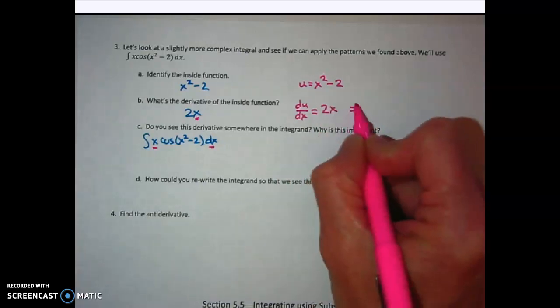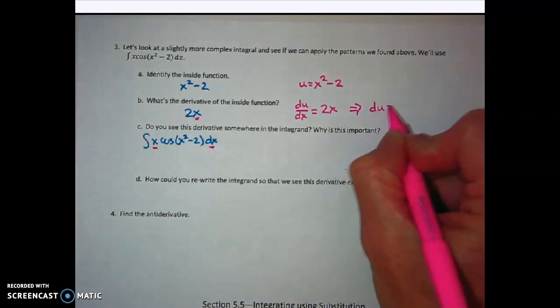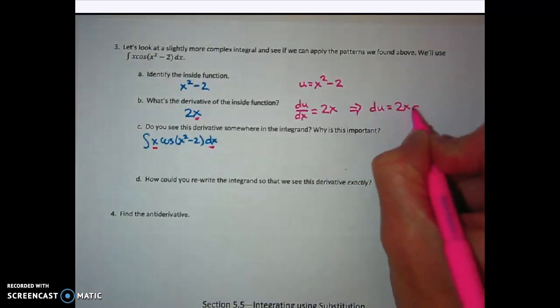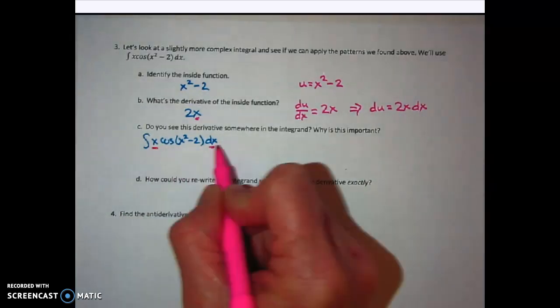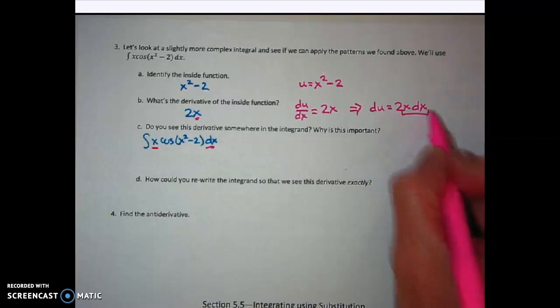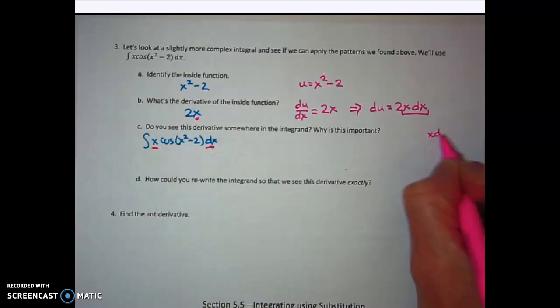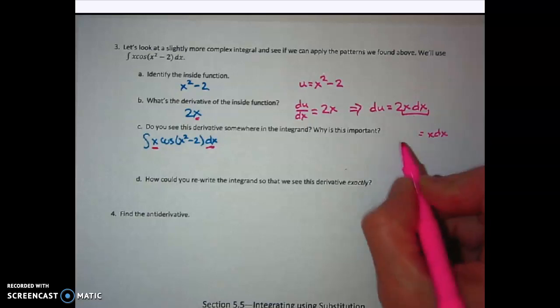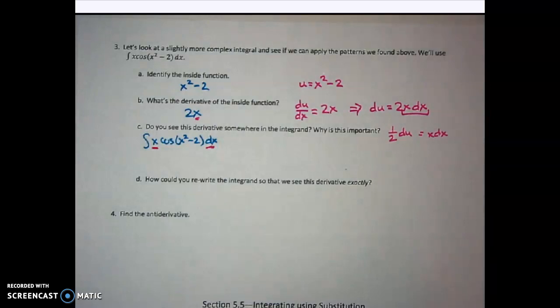And we're going to, in air quotes, solve this for du, and we're going to get 2x dx. Now if you recognize, I have an x dx. So let's go ahead and solve this for what I have. Since I have an x dx, divide both sides by 2. That's going to be the 1/2 du.